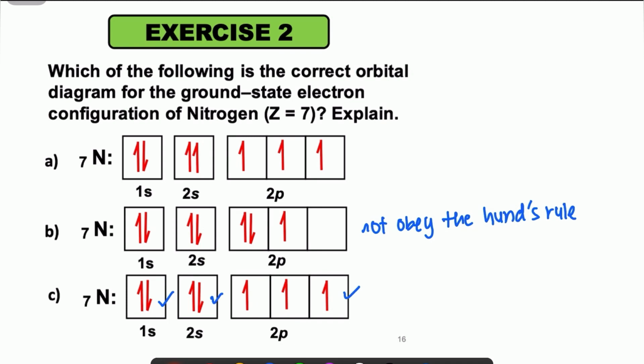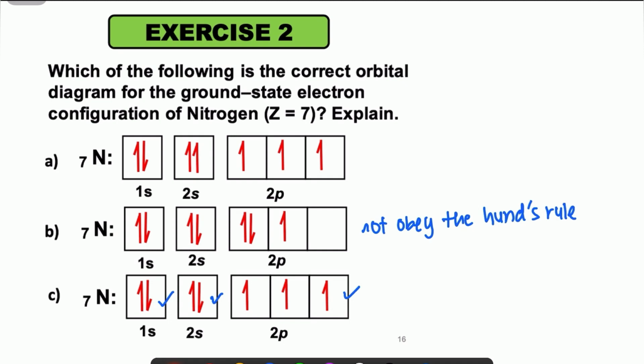So for the C, it obeys the Aufbau principle, which is it fills the orbital 1s first, followed by 2s and 2p. So it fills the orbital in order of increasing energy, and it also obeys the Pauli exclusion principle.